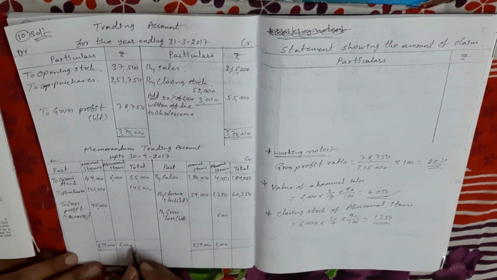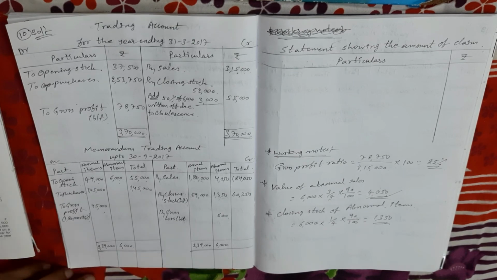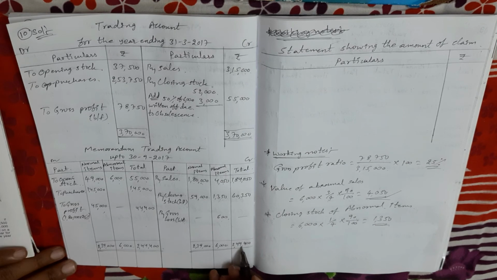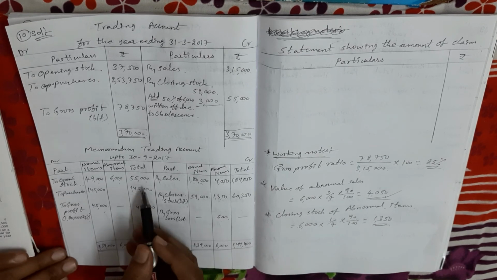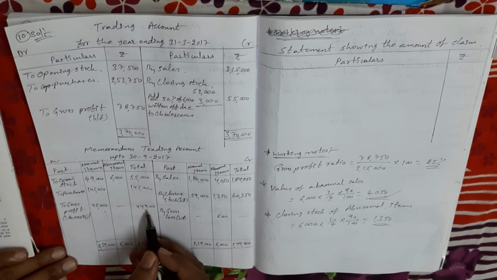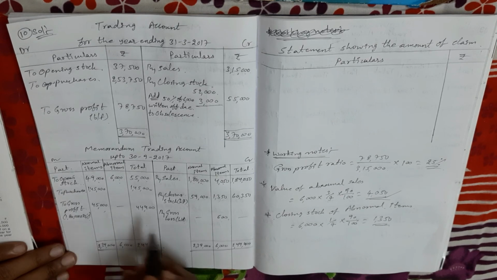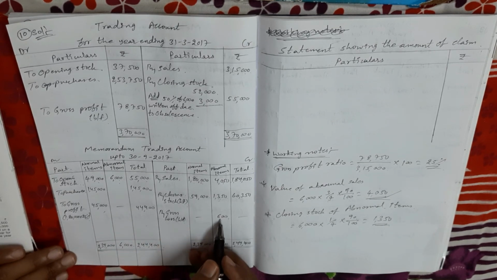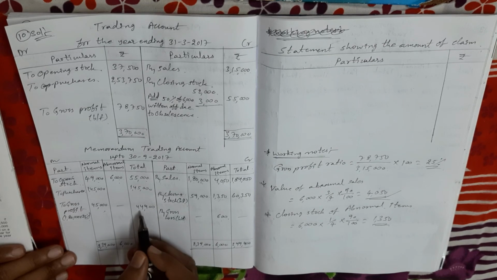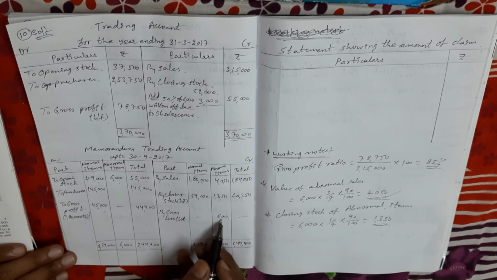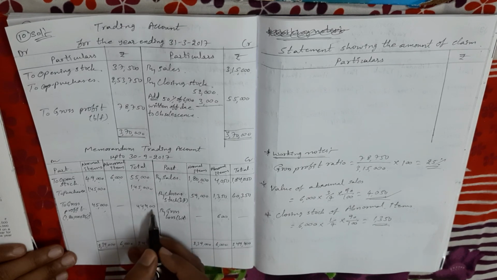And in the total column, credit side got 2,44,400, and after deducting debit side items, I got 44,400 rupees of gross profit. Okay, because from normal items I got 45,000 profit, and from abnormal items I got 600 loss. So overall, I got 44,400 rupees of gross profit. 45,000 minus 600, 44,400 current year total gross profit.